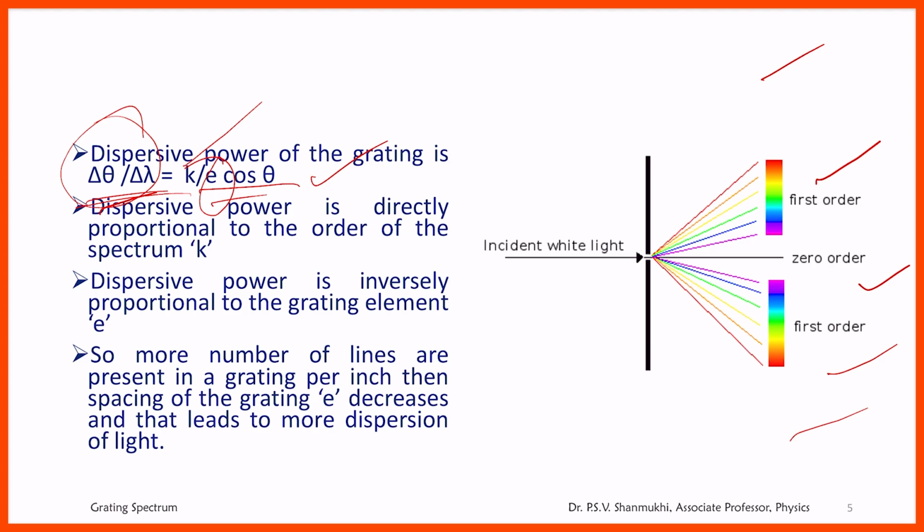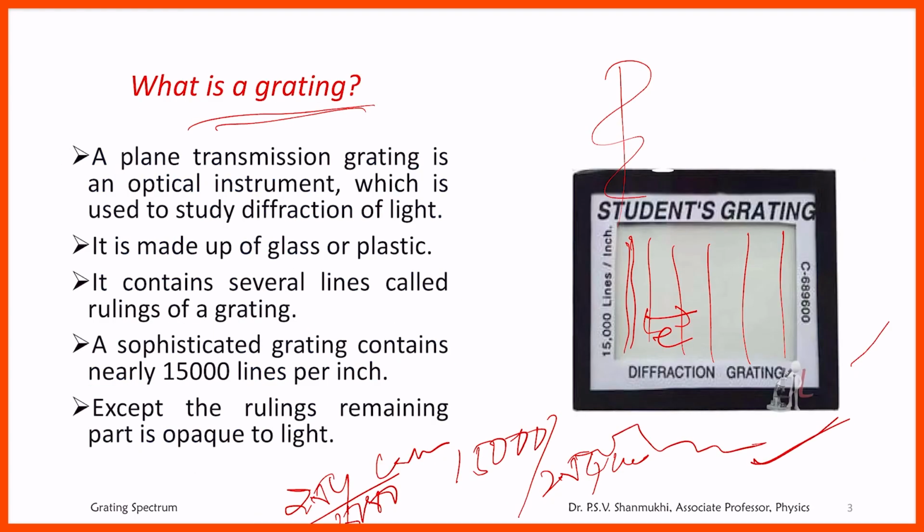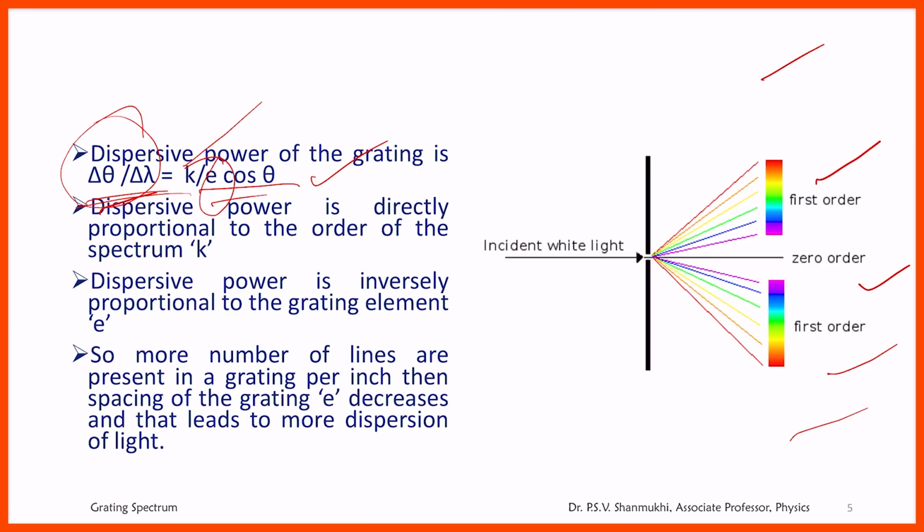As e is increasing, dispersive power decreases. e should be small. When e becomes small, if there are more lines, instead of 15,000 lines, if 20,000, 30,000 lines are there in 1 inch or 1 centimeter, e decreases. So if more lines are there, separation decreases. As the separation is decreasing, the dispersive power delta theta by delta lambda increases.